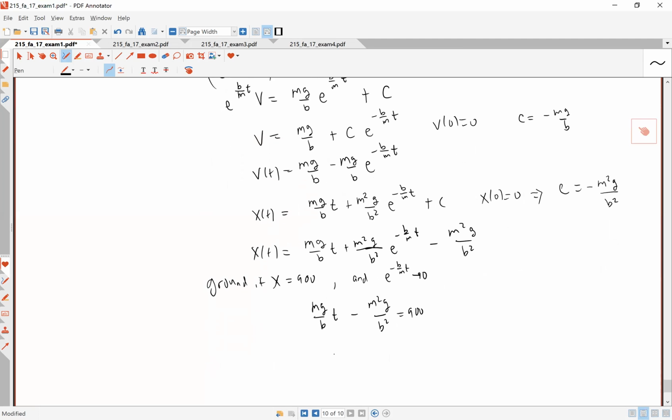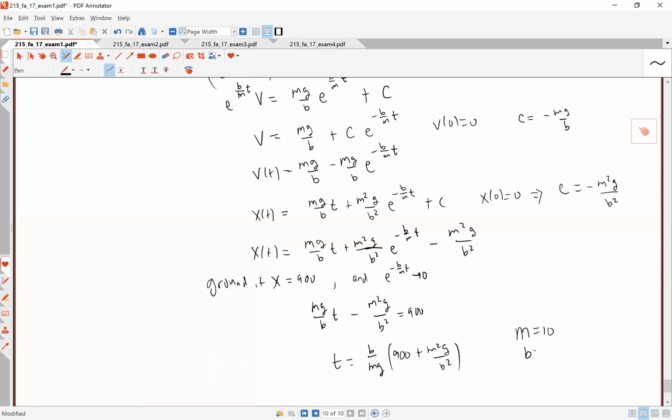And solving for t there, we have 900 plus m squared g over b squared times b over mg. And we said that the mass was 10 kilograms.